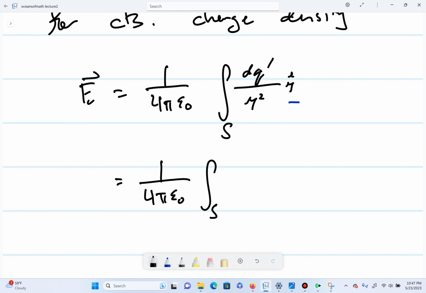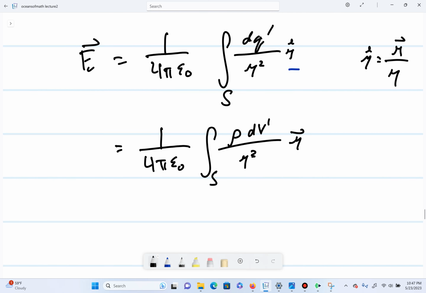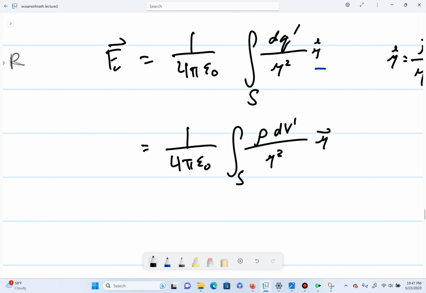To simplify this expression, I'm going to write r hat as the vector cursive r divided by its magnitude, which I'm going to call cursive r. And so I'm going to get dq prime, which is the charge density times dv prime, that's the definition of dq prime, divided by cursive r cubed, times the actual vector cursive r. I've gotten rid of the hat there.